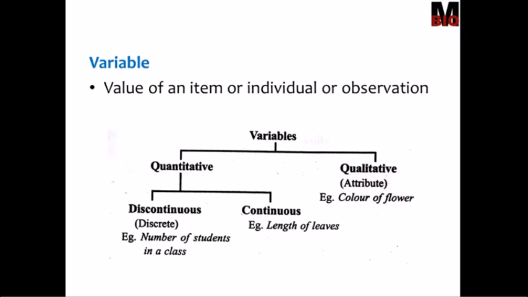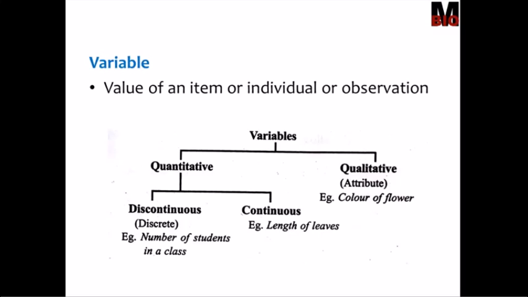Discontinuous variables are measurable in whole numbers. They are also called discrete variables. Example, number of mango trees in a garden, or number of books in a library, or number of students in a class. Then continuous variables are measured in decimal numbers. The values are continuous: height, weight, volume of oxygen consumed, percentage of hemoglobin, length of leaves, etc.